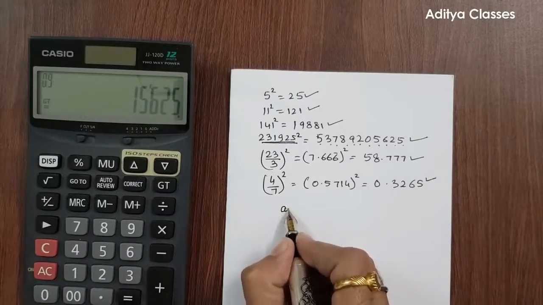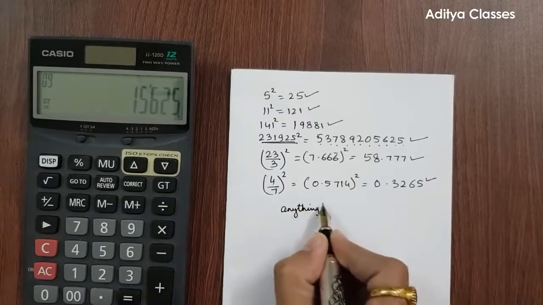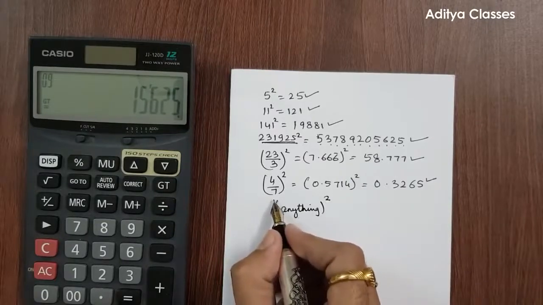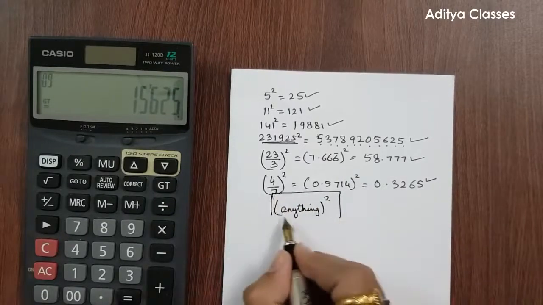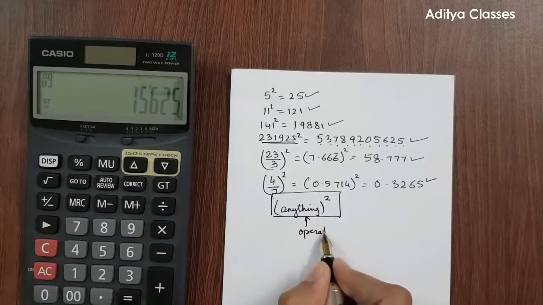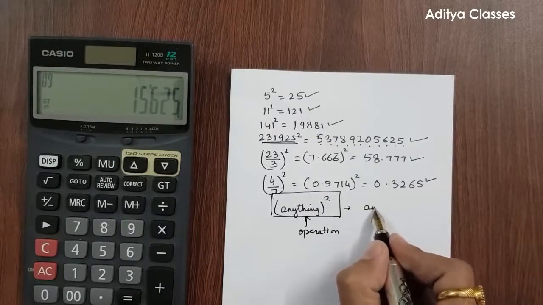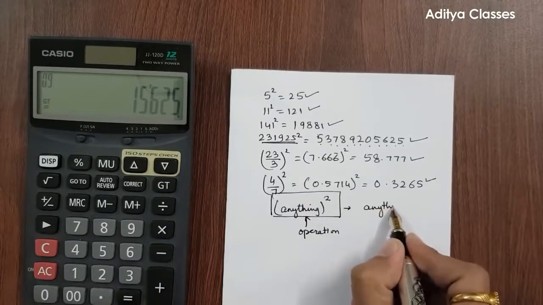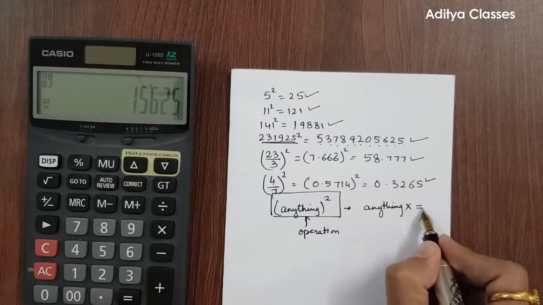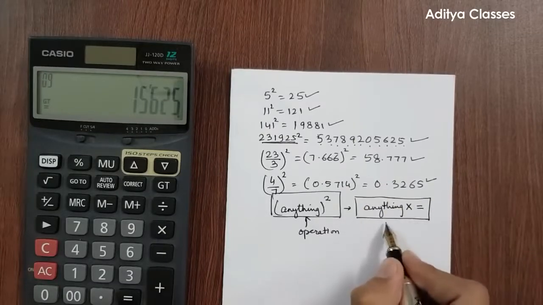If you need to find out square of anything, this is the basic operation that we are trying. How will we do this on calculator? We'll write down that anything, multiply, is equal to. This is how we do it on calculator.